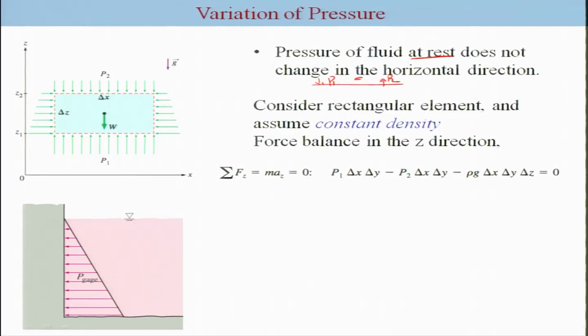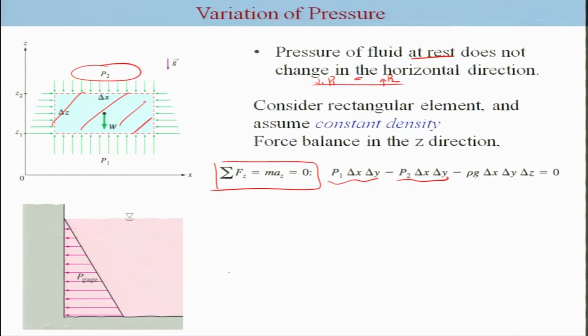Now, let us consider a rectangular region, and I do a simple force balance for the mass within the rectangular element. The force balance should be 0 because it is not flowing. This is the force acting on it from below. This is the force due to the air, or due to the fluid above it, acting on this particular element, and this is the weight, which is rho g multiplied by the volume.